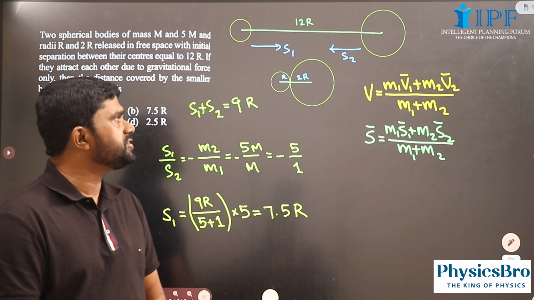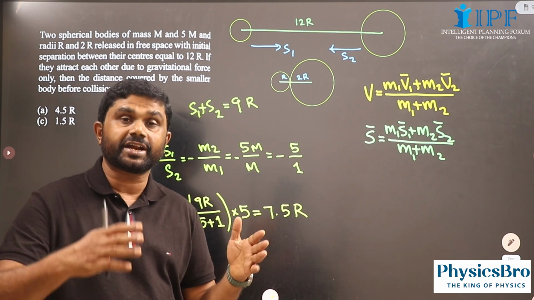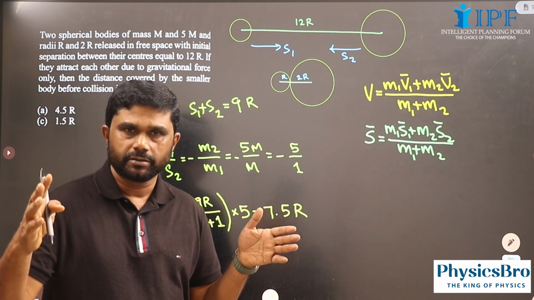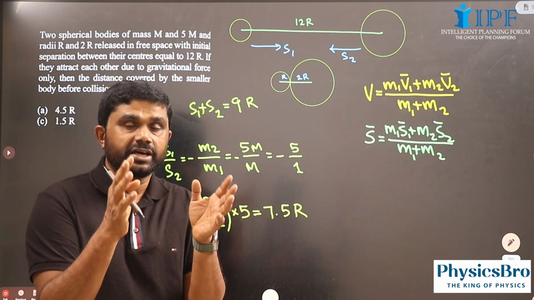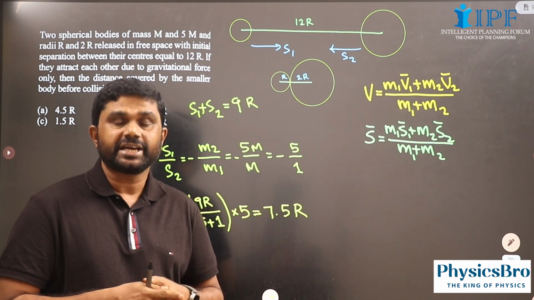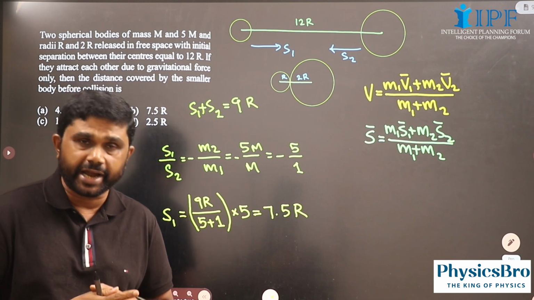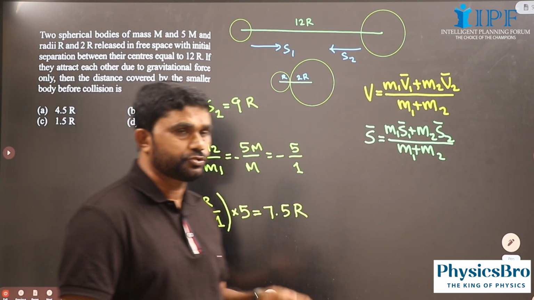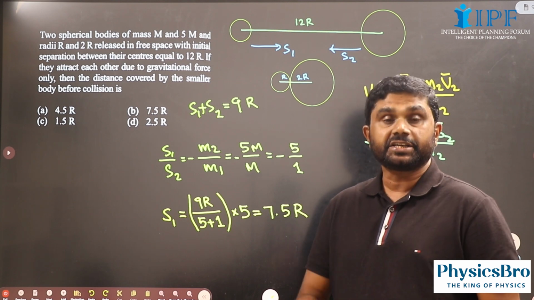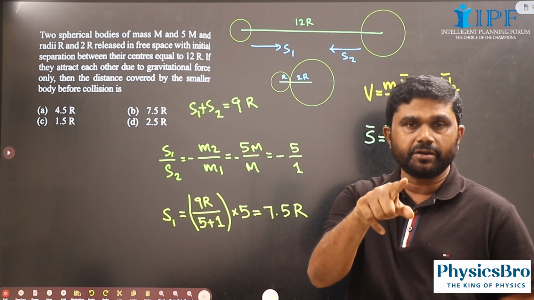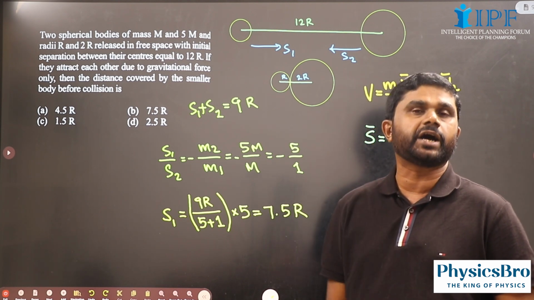Okay, and the relative displacement, initially they were at separation 12r. Finally they are at separation 3r. So the change in separation, that is the relative displacement, that is equal to 9r. So S1 plus S2 we will get 9r. That is the relative displacement of one sphere with respect to the other.